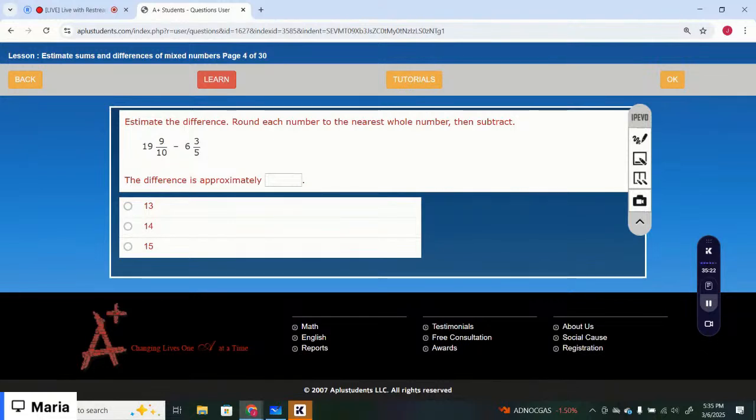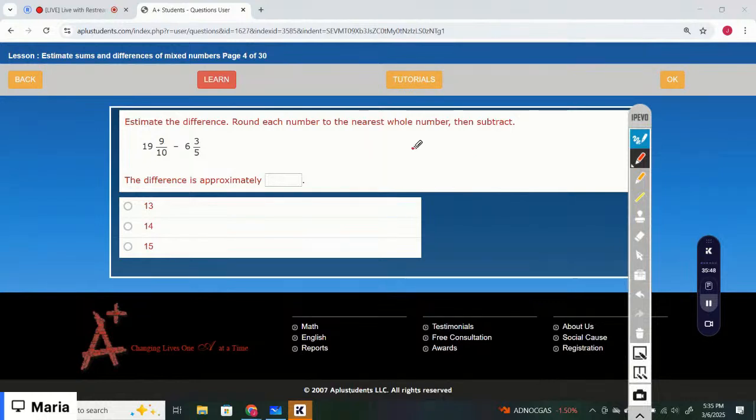19 whole 9 over 10 minus 6 whole 3 over 5. 19 whole 9 over 10, we need to round up, so it would be rounded to 20.